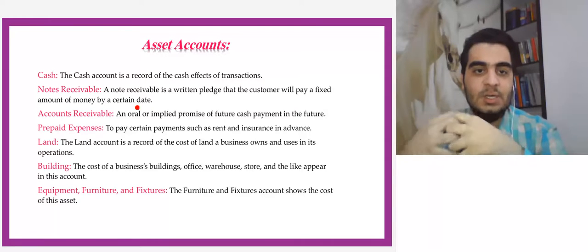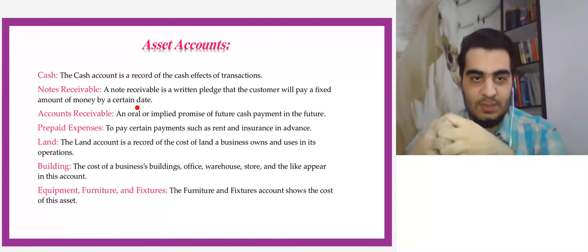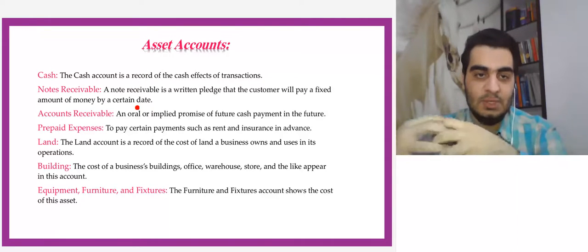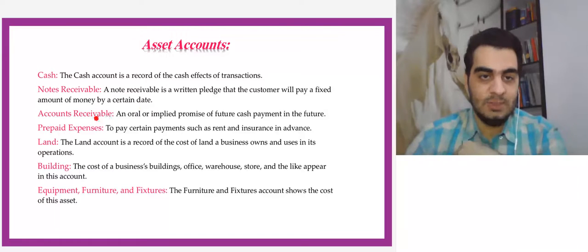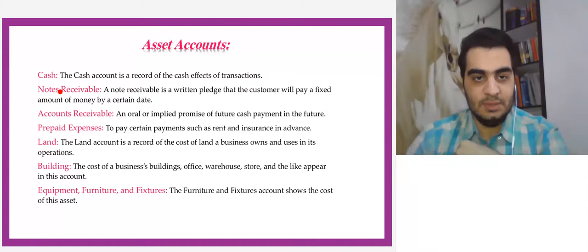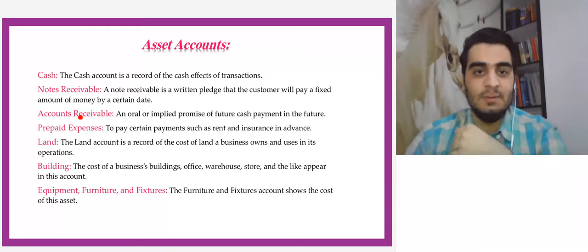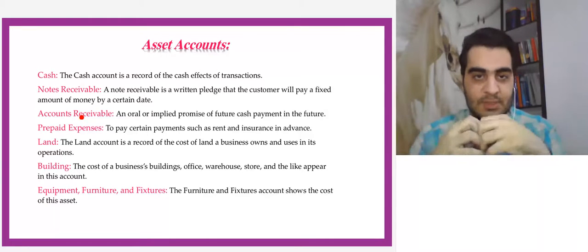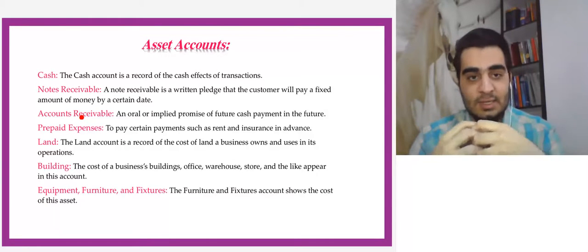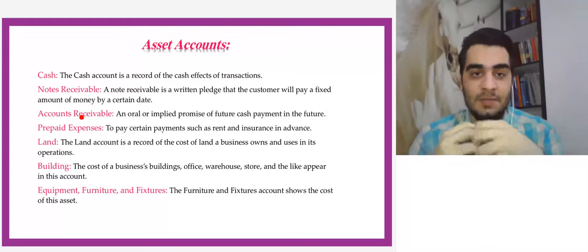The next one is notes receivable and accounts receivable. Before I talk about these two, I'm going to examine the first part, receivable. Receivable means the customer, a person, will pay us an amount of money in the future.